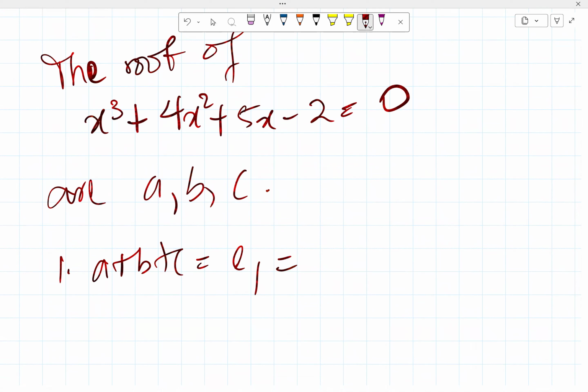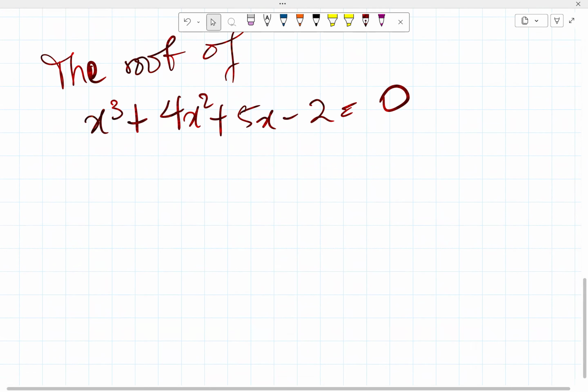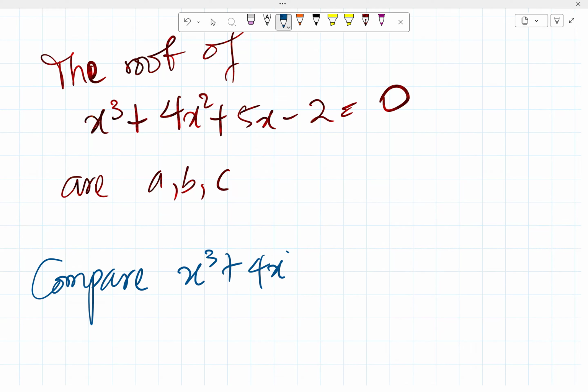Let me just write what we need to compute first. I think it's always very good to get everything in order first. The roots of this are A, B, C. So we compare x raised to power 3 plus 4x squared plus 5x minus 2 equals 0.